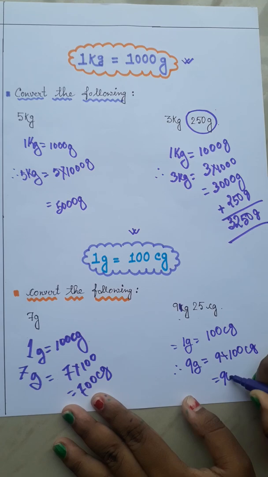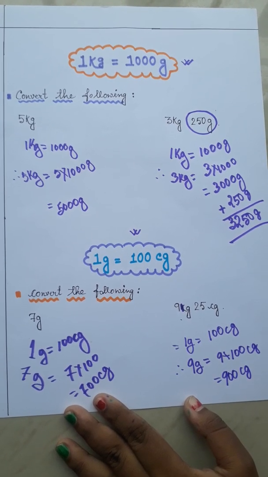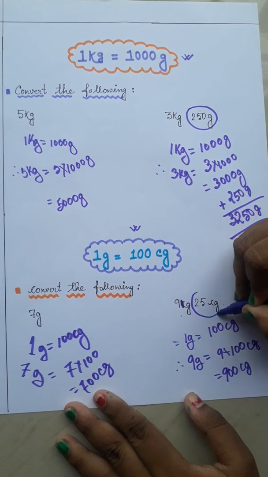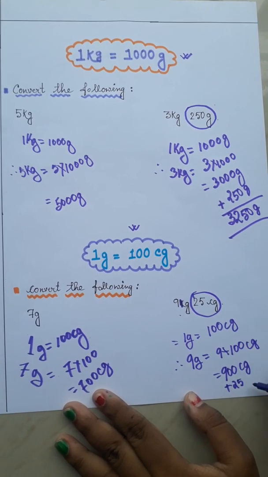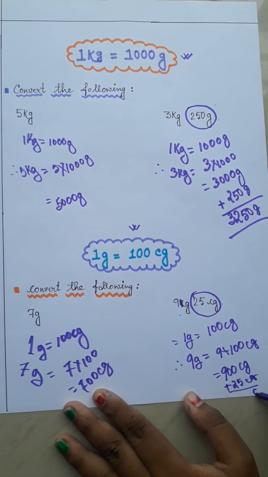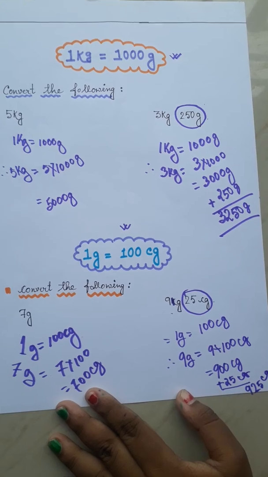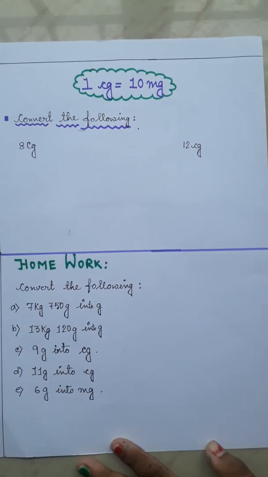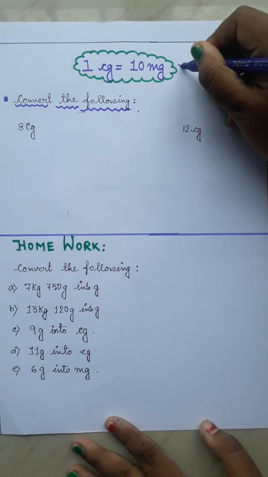That means 900 centigram. Okay, this is not the final answer as there is already 25 centigram there. So we have to add 25 with this. So our total answer will be 925 centigram.